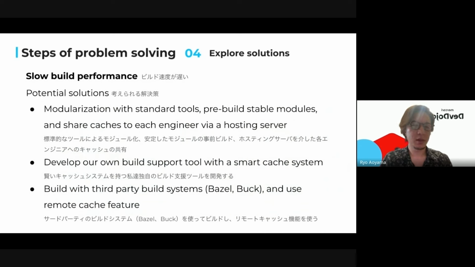And lastly, by using third-party build systems, we can do the build and use the remote cache feature of that. When I say remote cache, the cache data that occurs from the build will be uploaded to the hosting server so that the other engineers can repurpose that cache data when they do their development. But of course, there were multiple other solutions that came up other than these three, but among them, we considered that these three would be viable solutions.